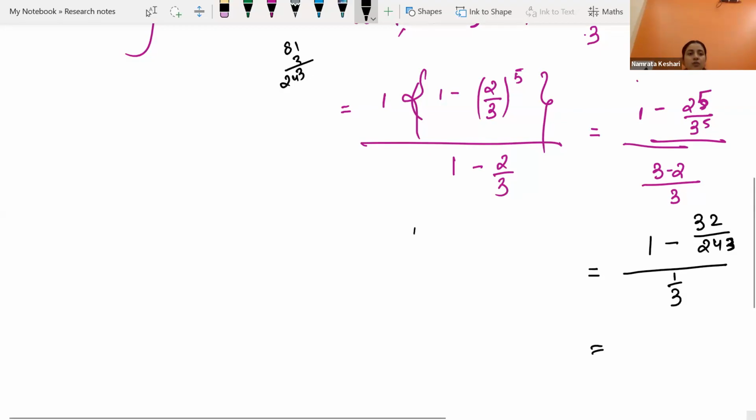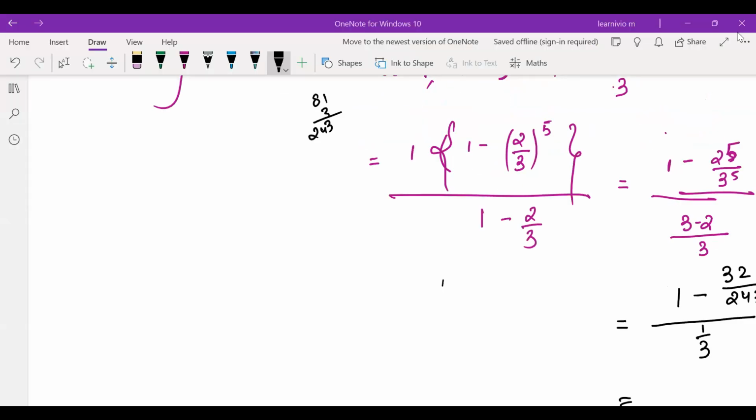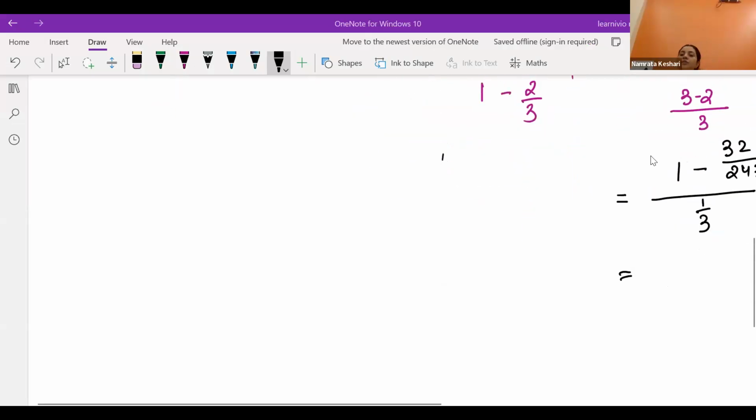So 1 minus 32 by 243. If you do it, you will have 243 minus 32 by 243. In the denominator, you still have 1 by 3.